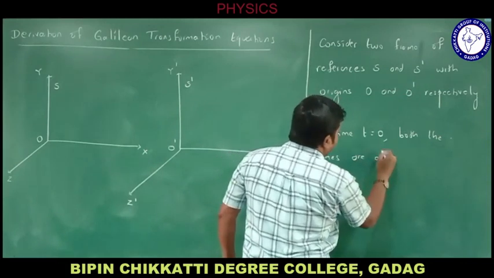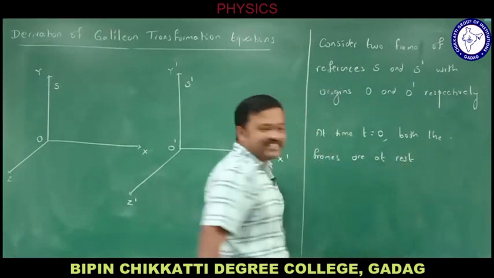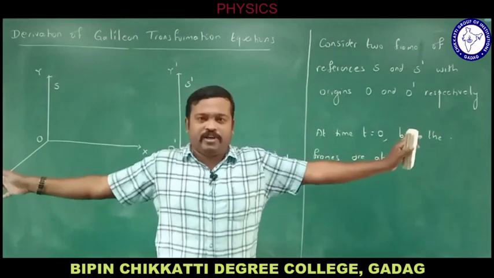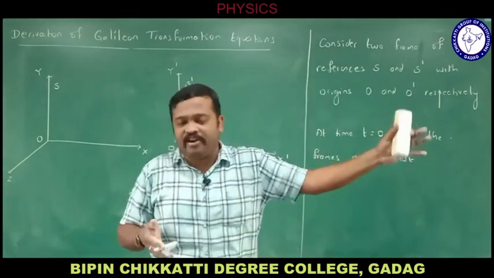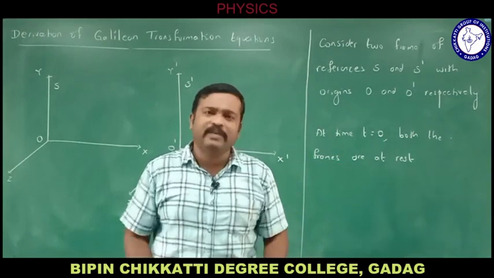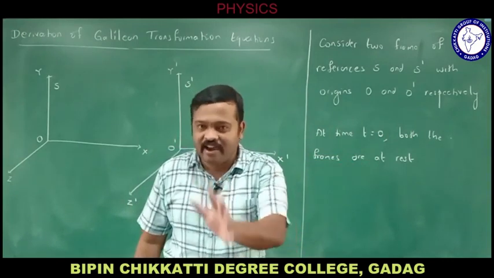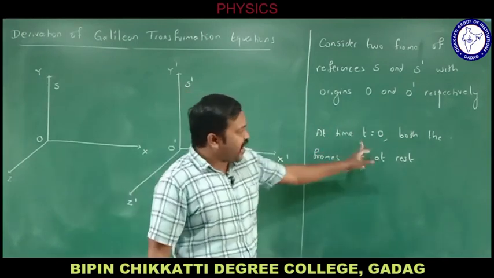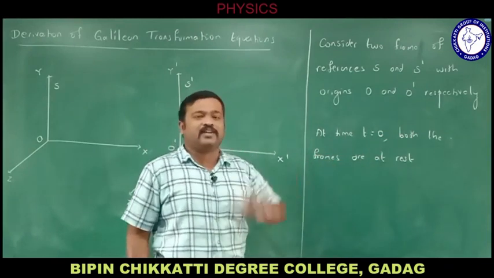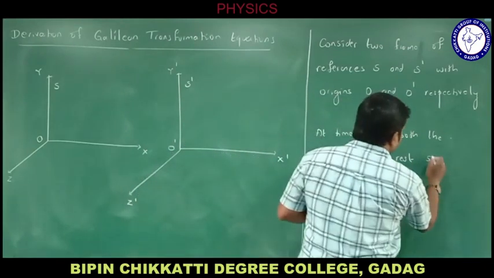Let me consider at time t equal to 0, both the frames are at rest. Later on I will move one frame with respect to the other, but at the beginning both frames are at rest.